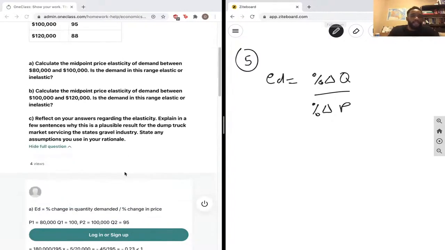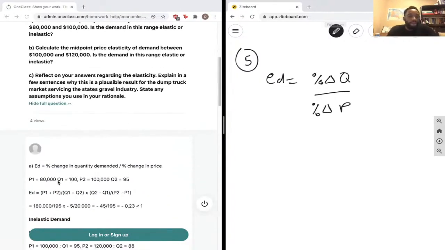If we look at part A, P1 equals 80,000, Q1 equals 100, P2 equals 100,000, Q2 equals 95. So elasticity of demand is equal to (P1 plus P2) over (Q1 plus Q2) multiplied by (Q2 minus Q1) over (P2 minus P1).